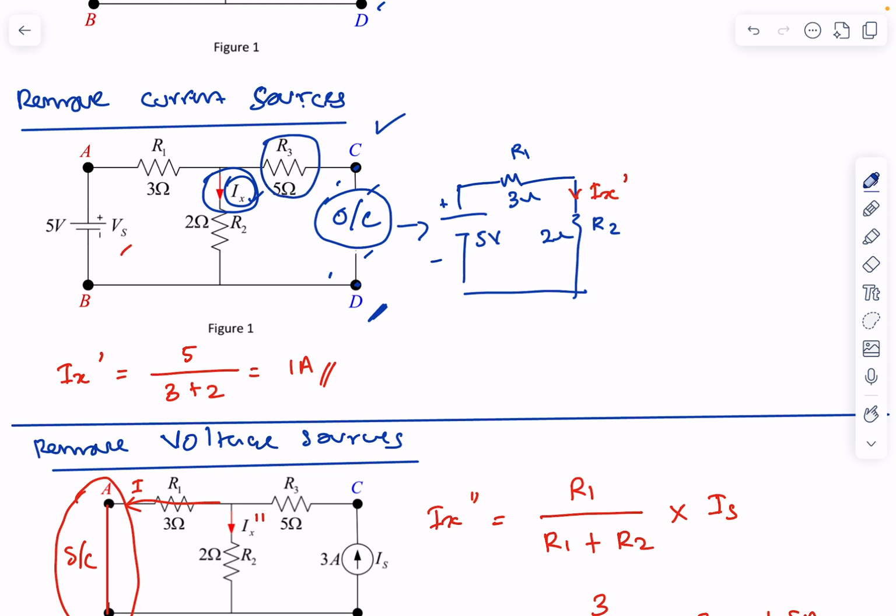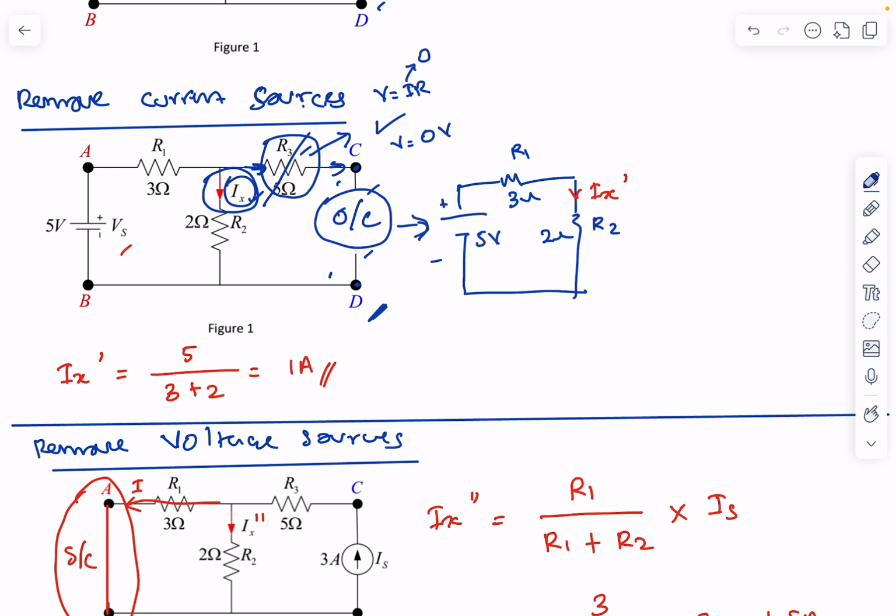The voltage across R3 is not available, because there is no current flowing through this path due to the open circuit. Since V equals IR, with I equal to 0, V should be equal to 0. So R3 is negligible and you can ignore it. Once you remove R3, the diagram becomes just a simple series circuit.